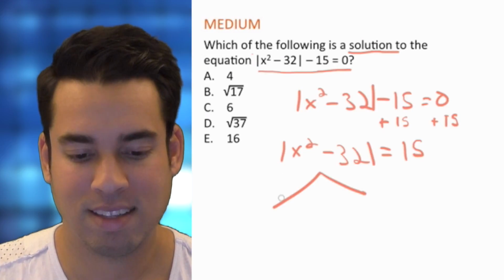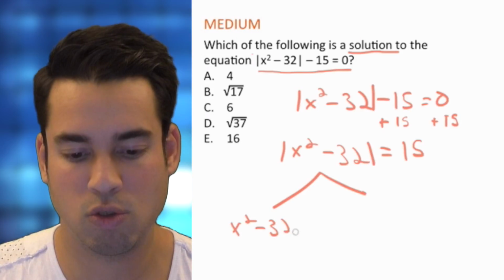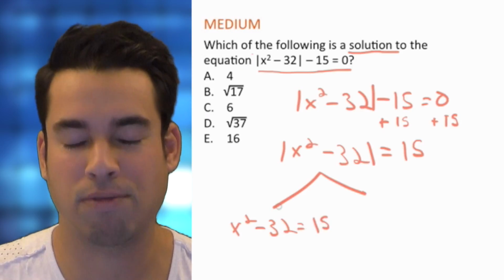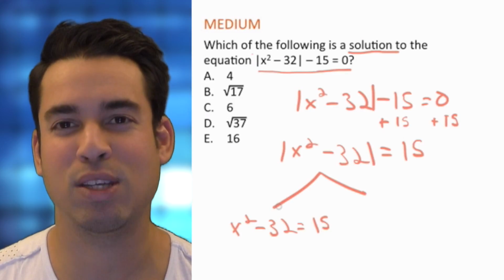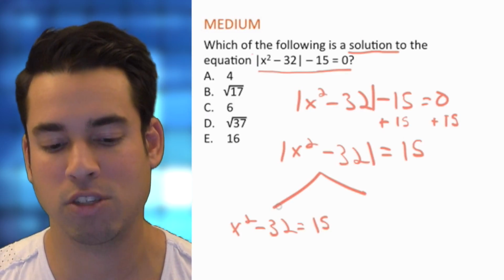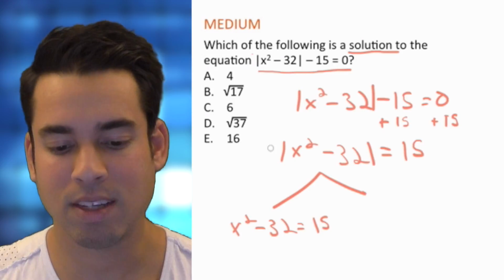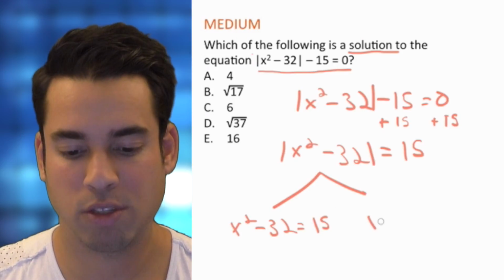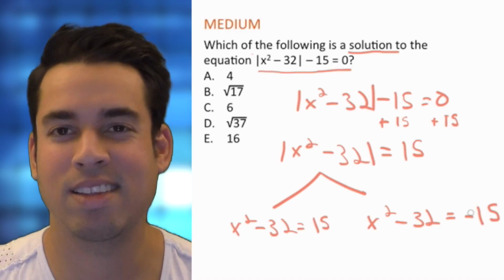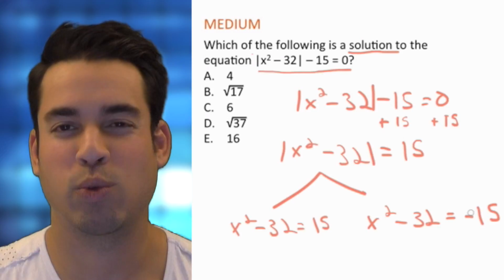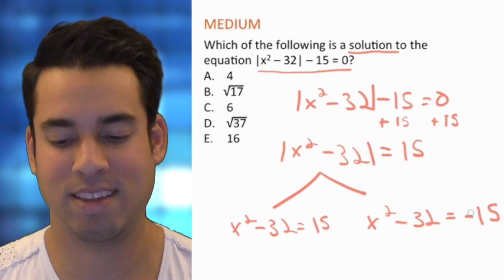We've got x squared minus 32 equals 15. So the first time we split it, we just take the absolute value off and leave the equation as is. So that's the first permutation. The second one, we are going to do almost the same thing, except we are going to flip whatever's outside of that absolute value symbol into a negative.